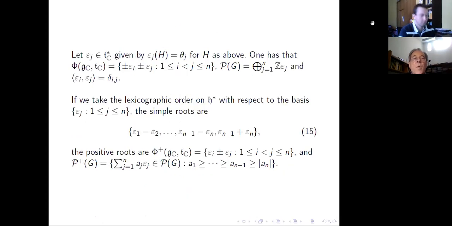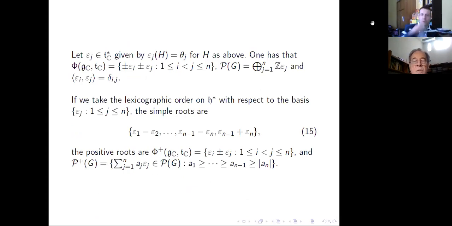Then we have the roots, the weights. We take the lexicographic order on H star with respect to a basis, and then we have a system of simple roots, that is number 15.